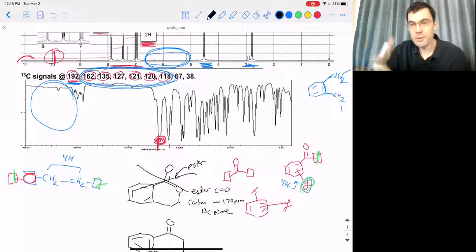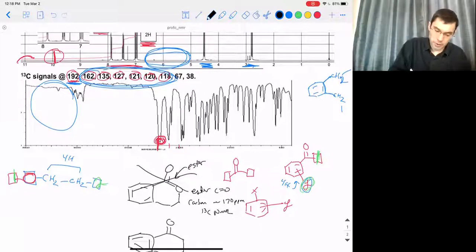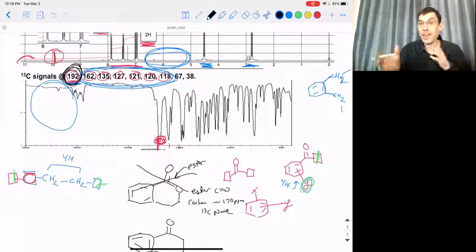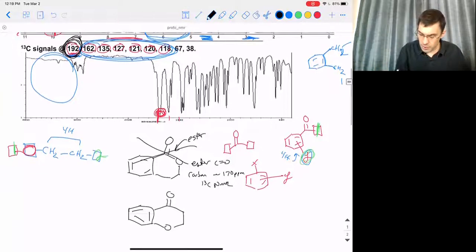Maybe a little bit less. This one's conjugated, so maybe 165. But in any event, it's much lower than 192. And so because this shift is at 192, it can't be that ester. And so this then has got to be our product.